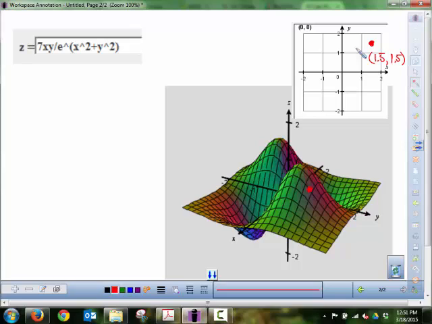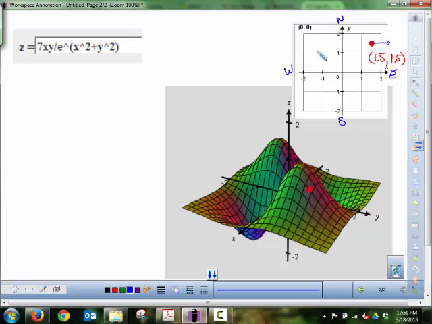Now, standing on this mountain, on this spot, I can ask myself a couple of questions. Like if I move along the x-axis, I should say this is my map, this is north, south, east, and west.